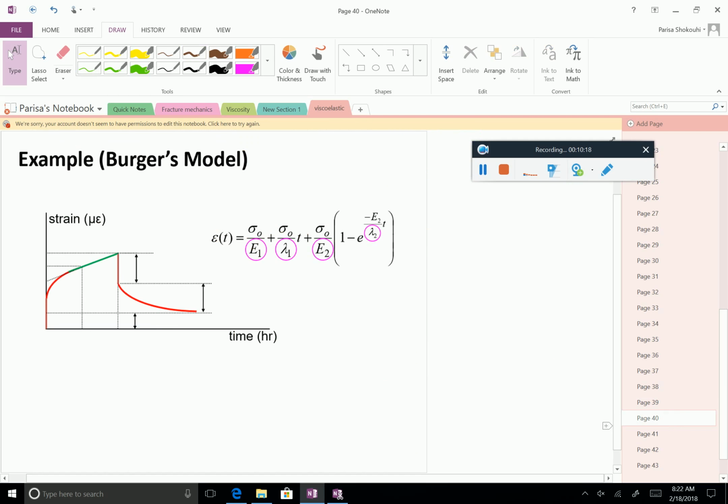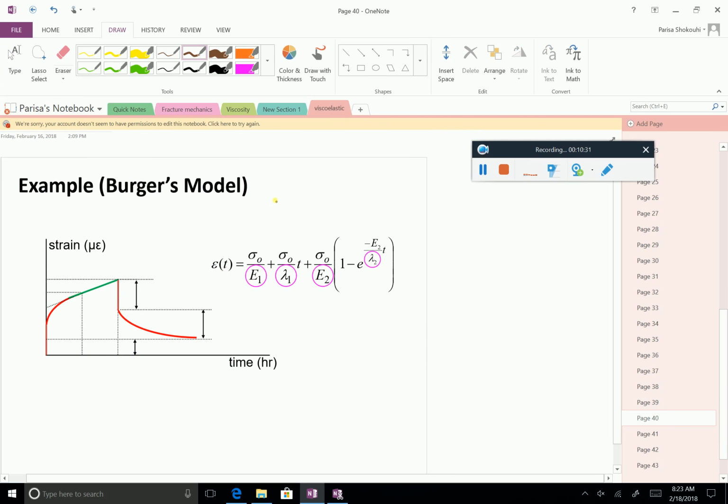Let's remind ourselves, or try to draw things a little bit and remind ourselves about Burgers model. So Burgers model, if you recall, was a Maxwell model, which is like a dashpot and a spring in series, and then you add to that basically a Kelvin model.